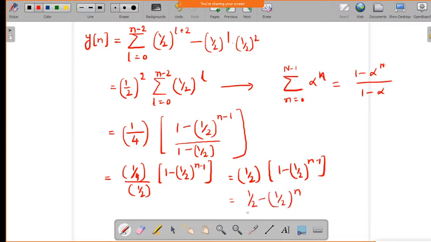So now this is the answer where k exists between 2 to n, and otherwise it is 0. So the y of n exists only between 2 to n. So is this understood? Any doubt in this?